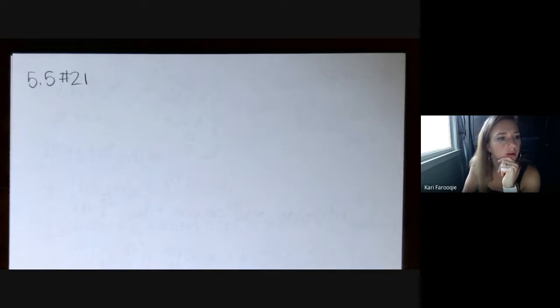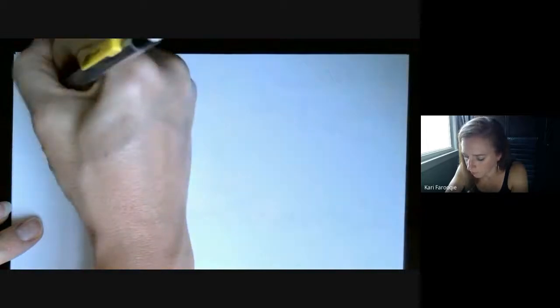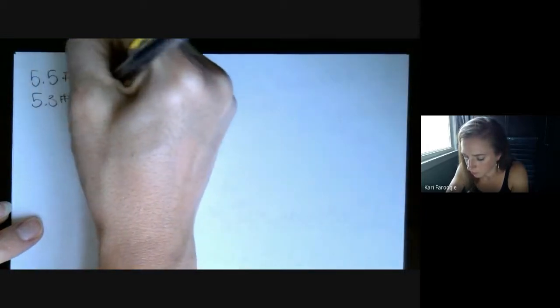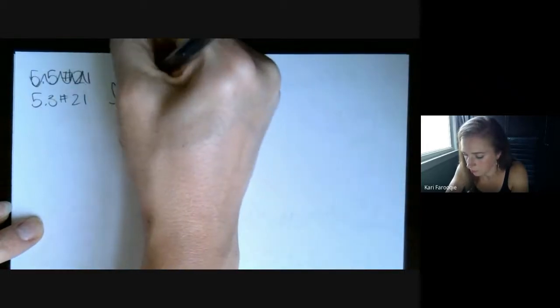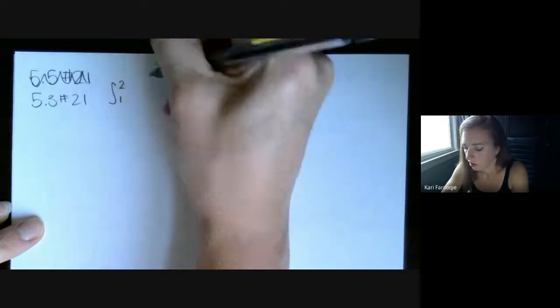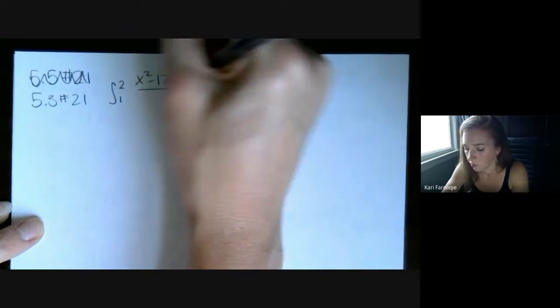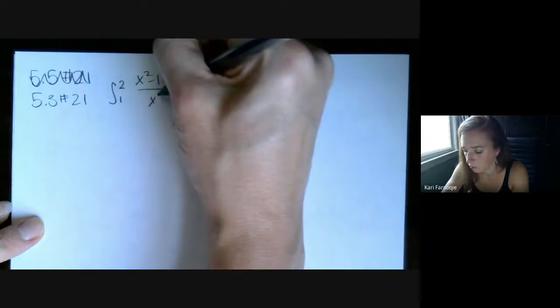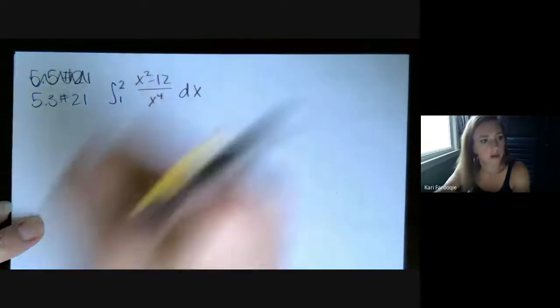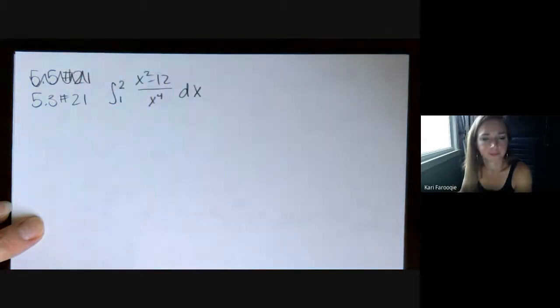Okay. So this is the integral from 1 to 2 of x squared minus 12 divided by x to the 4th dx.